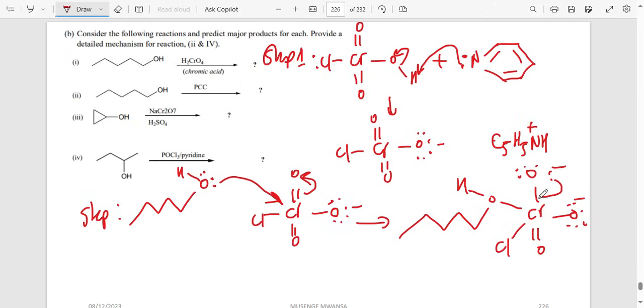Okay, so this is going to come down, breaking off this group. So you see Cr, we now have a double bond with oxygen, double bond with oxygen, and then a single bond which has a negative charge.